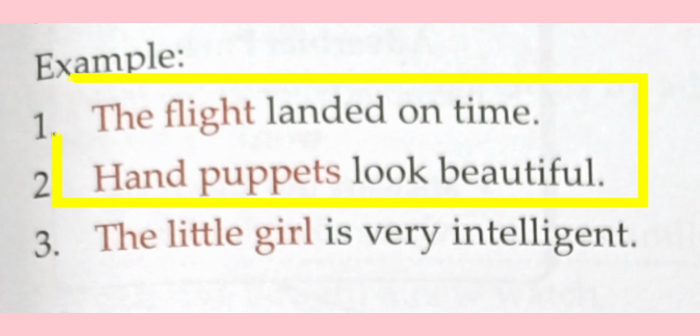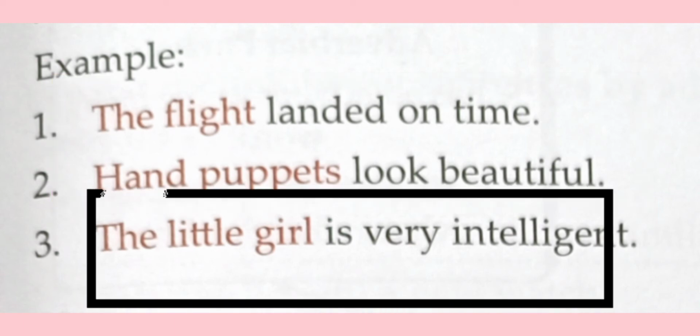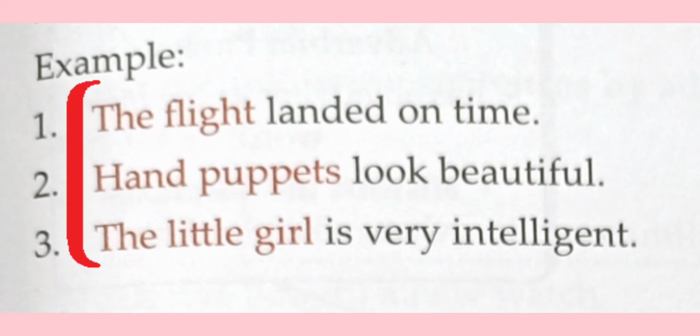What landed on time? The flight landed on time. What looks beautiful? Hand puppets look beautiful. But the sentence 3 answers the question who. Who is very intelligent? The little girl. These phrases, the flight, hand puppets, and the little girl, answer these questions what and who.